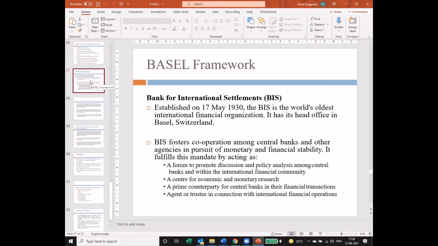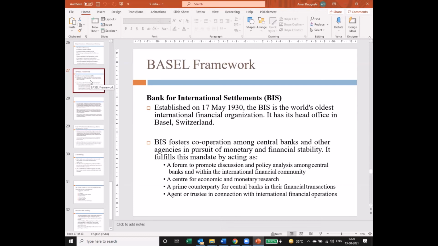So basically, the Bank for International Settlements, BIS, was established on 17th May 1930. It is the oldest international financial organization with its head office in Basel, Switzerland. Basel is actually a place, so the framework is named after Basel. Why? Because the Bank for International Settlements is the base behind having this Basel framework.